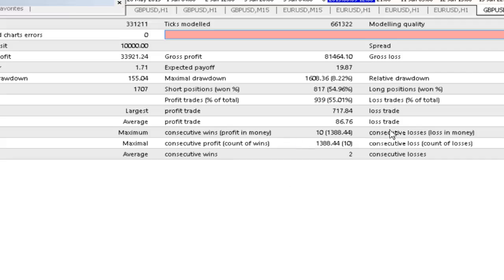That's very, very important because it's crucial that, and that's what we call safety net number one. The safety net number one is largest losing trade, you see it here, and average losing trade, and the figures here should be different. When you have a trading system which is a fork system and you make a back test, you will have this figure very similar to this one, almost the same.